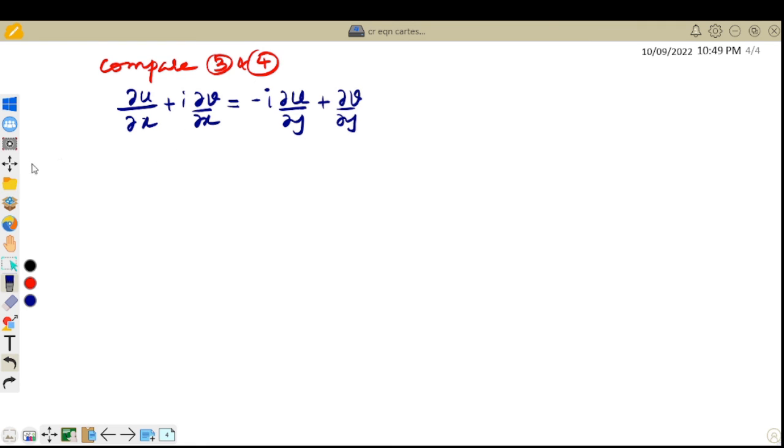Now here, equate real and imaginary parts. On equating real and imaginary parts, what will we get?